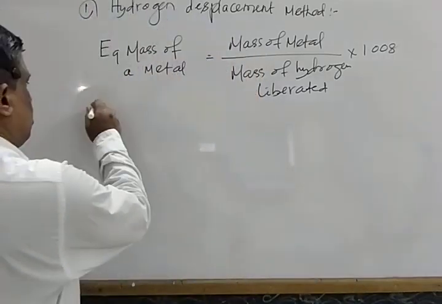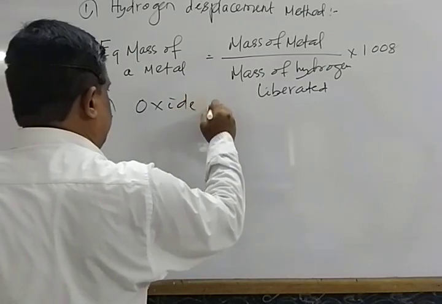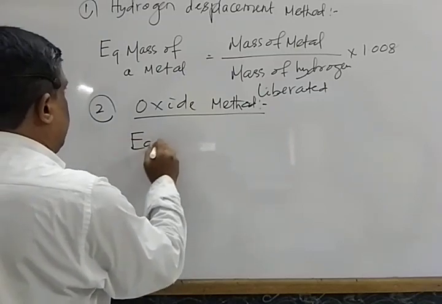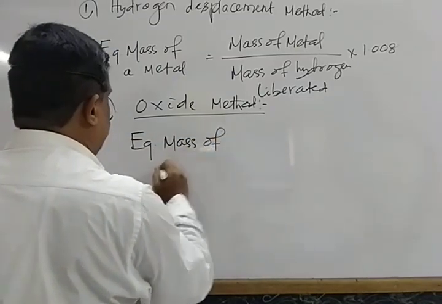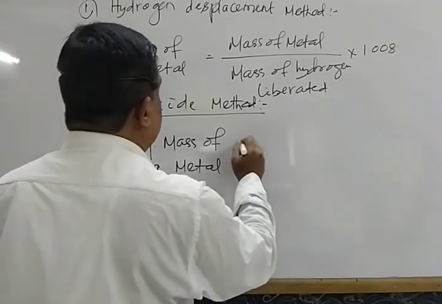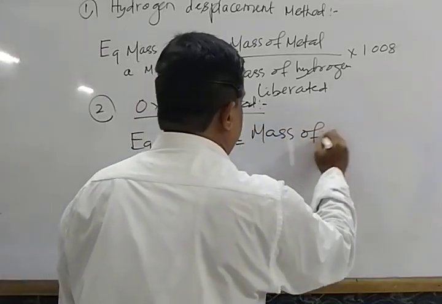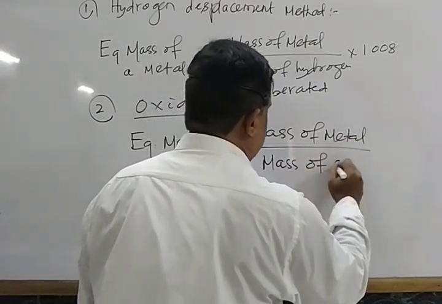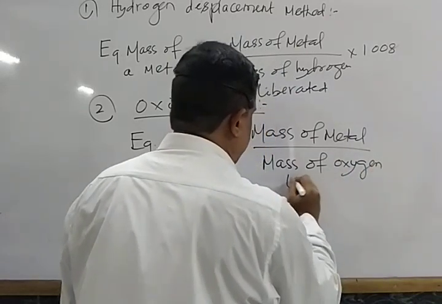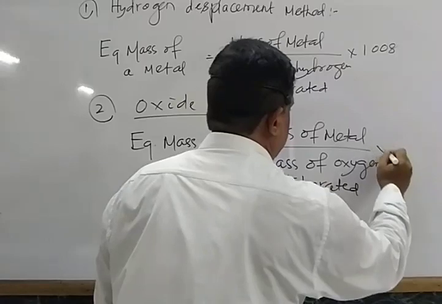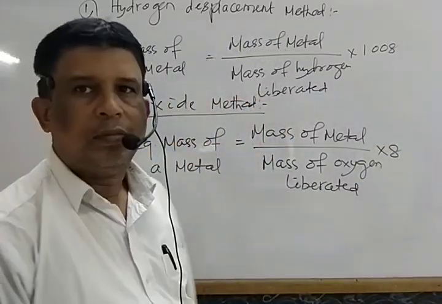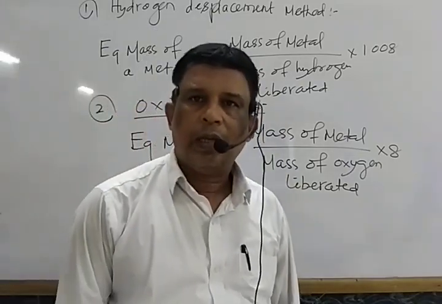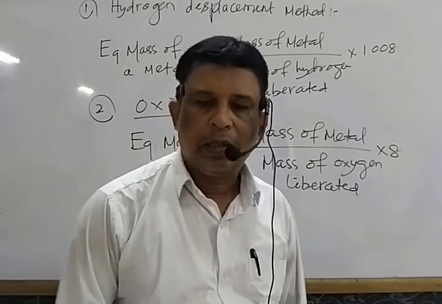Mark that, second method, that is oxide method. According to this method, equivalent mass of a metal is equal to mass of metal divided by mass of oxygen liberated into 8. That is equivalent mass of metal by hydrogen displacement method and oxide method. Next, chlorine displacement method. Mark that.